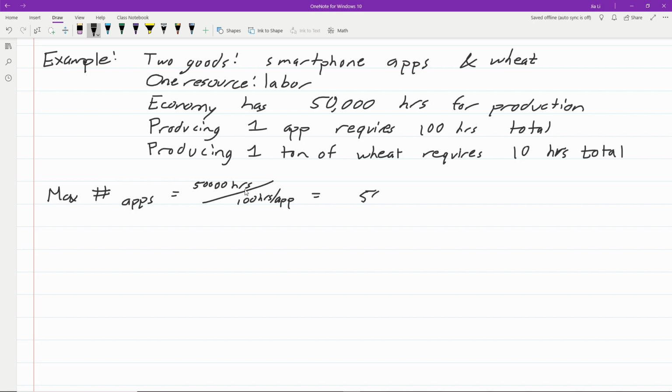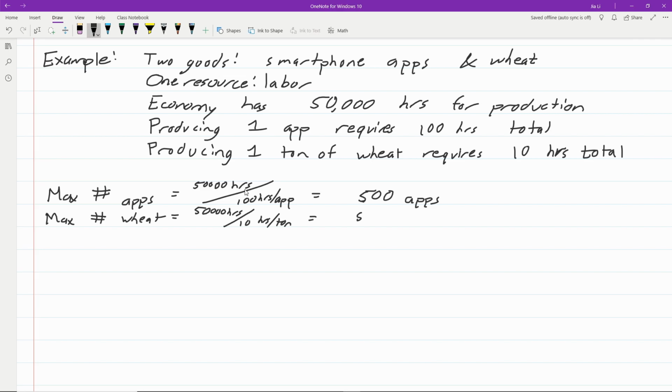So, of course, that gets us to 500 apps produced. And the max number of tons of wheat is the 50,000 hours we have total each month, divided by the 10 hours per ton.